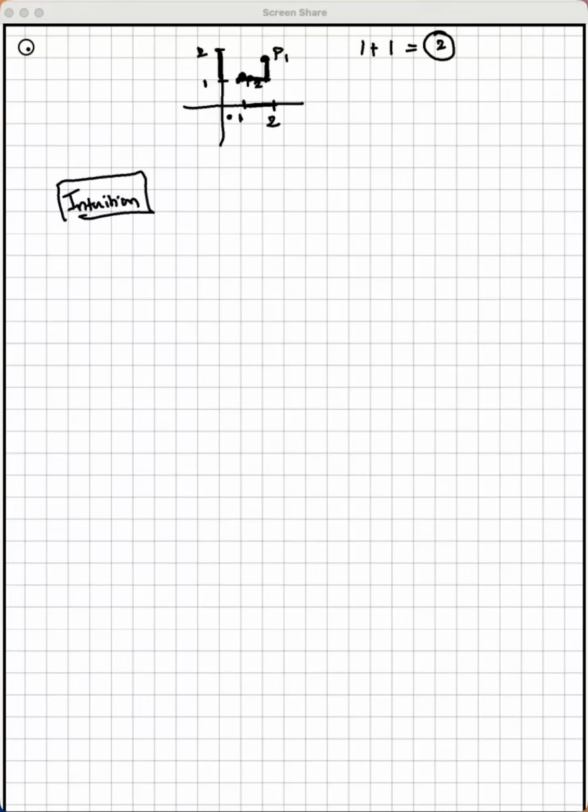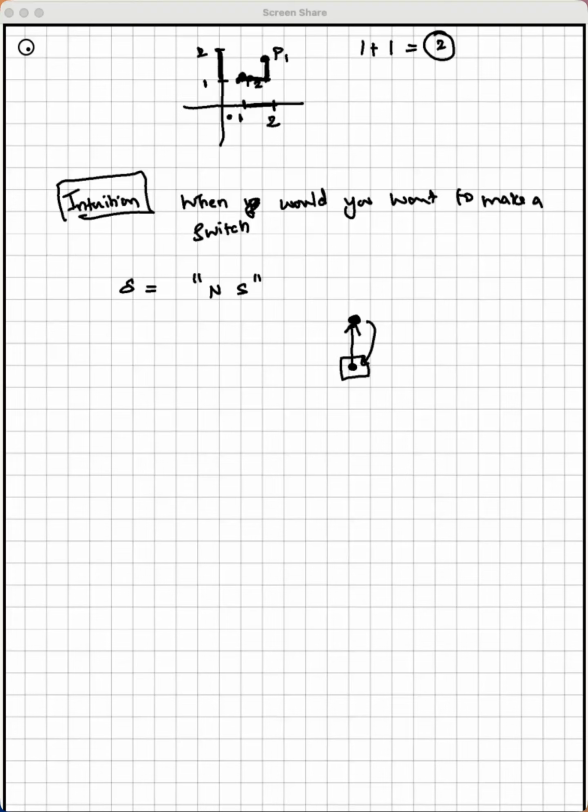When would you want to make a switch? Let's think about it. Let's say your S is N and S, which means you go north from the origin, and then from this point you come back, and then you're back at the origin.